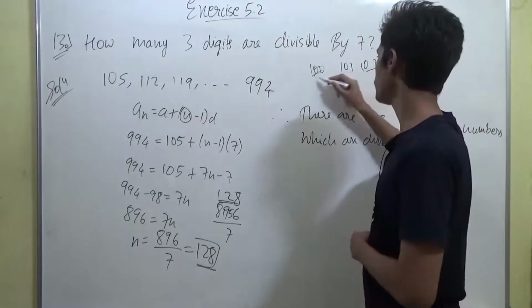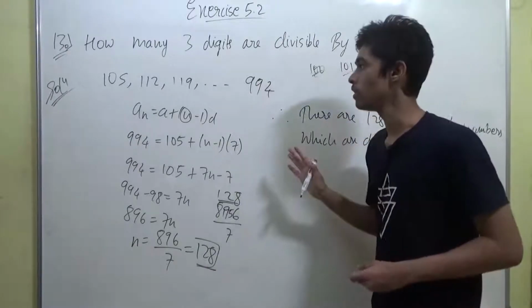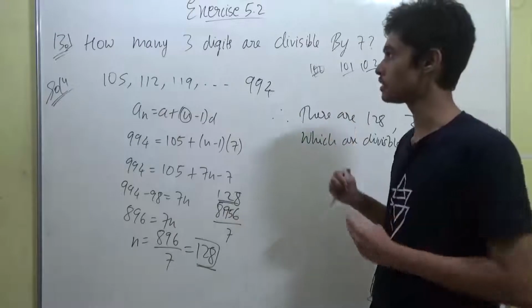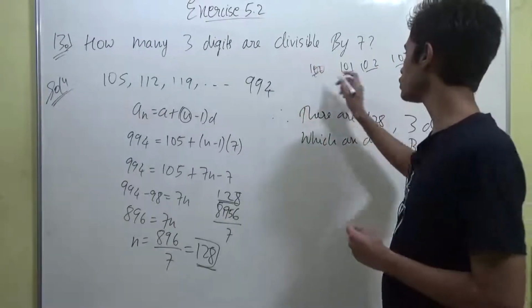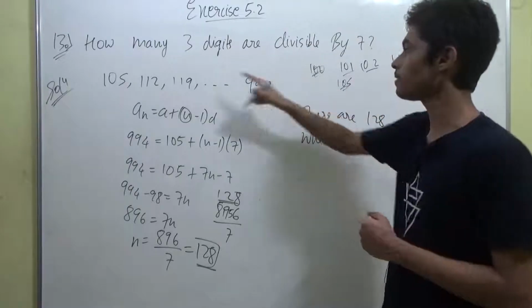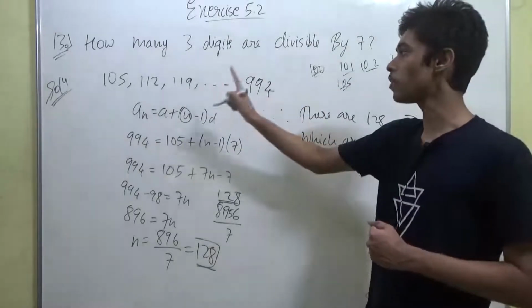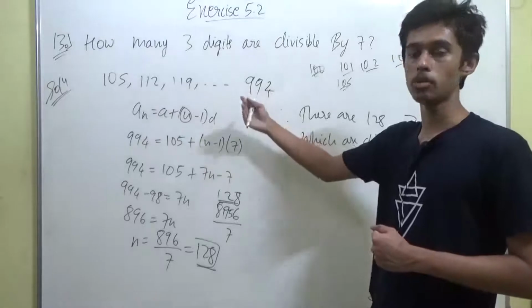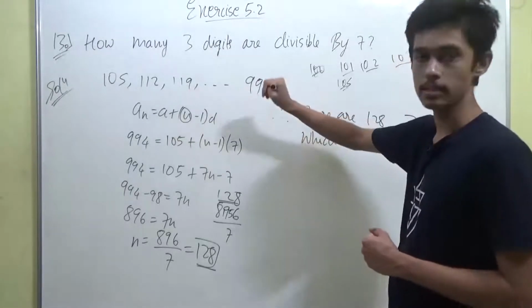So we divided with all these numbers and saw on which number it is divisible by 7. Then we saw that the first 3-digit number which is divisible by 7 is 105. So this became the first number of the series, and then we kept on adding 7 because it's a multiple of 7. So these numbers will be divisible by 7.